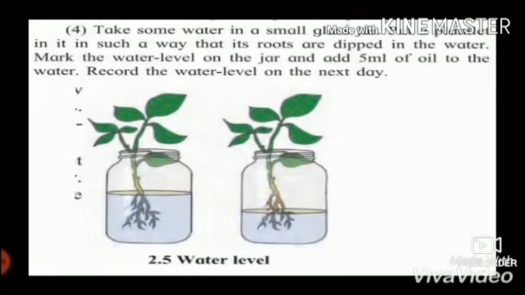Next, here is an experiment we can see. Take some water in a small glass jar. Put a plant in it in such a way that its roots are dipped in the water.